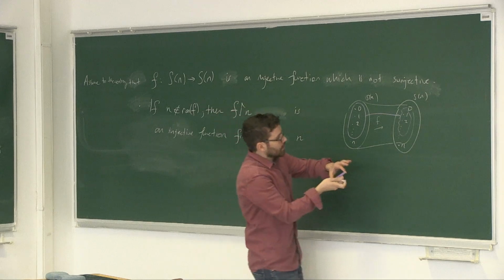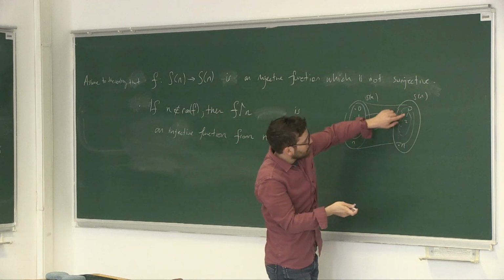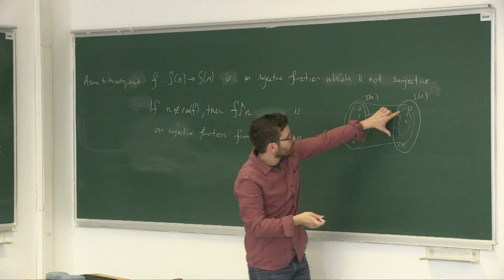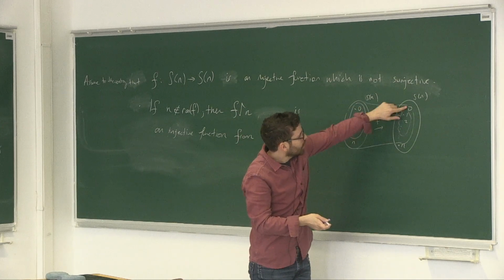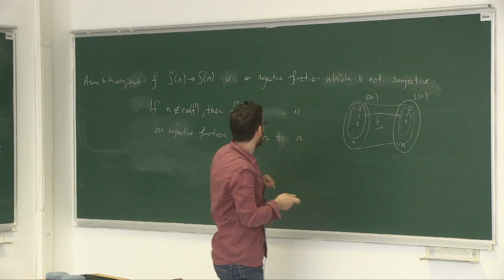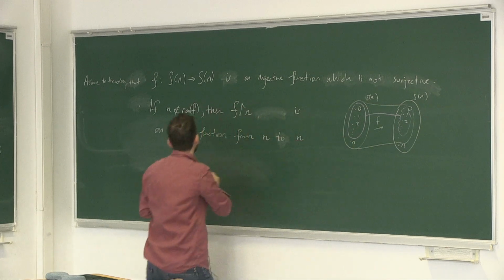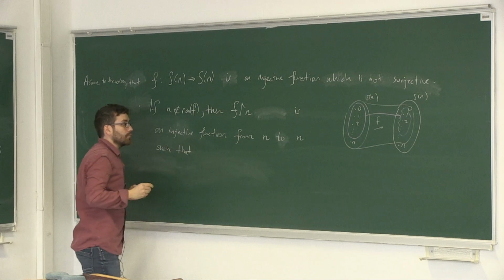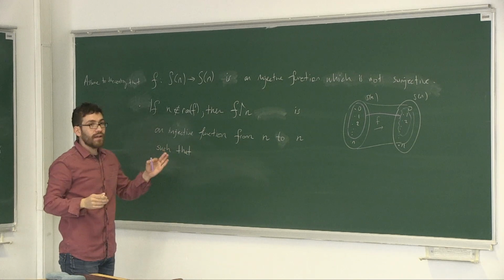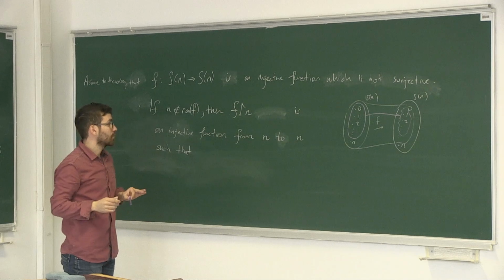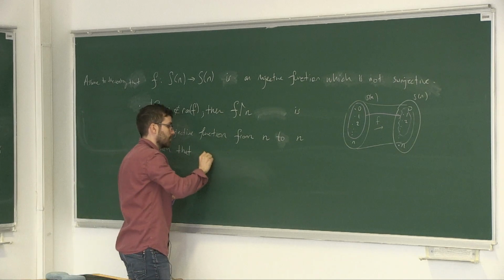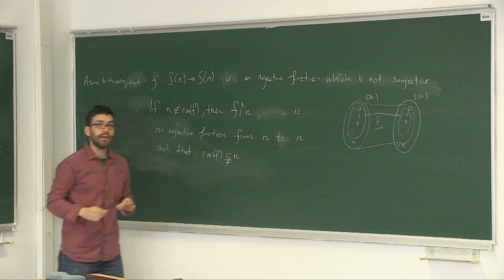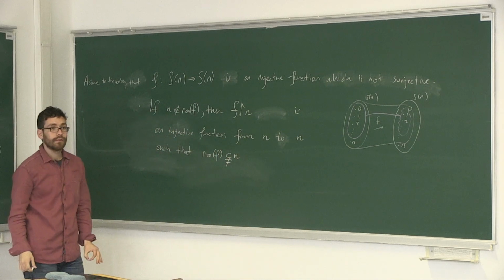If you just map these guys via f, they still go to some value which is different than n, so the range is a subset of n.